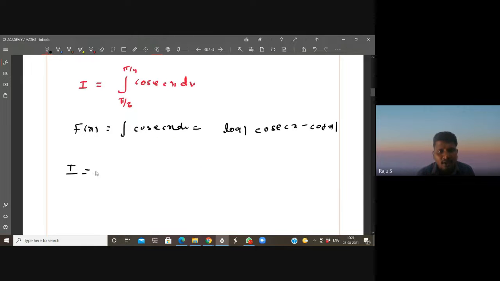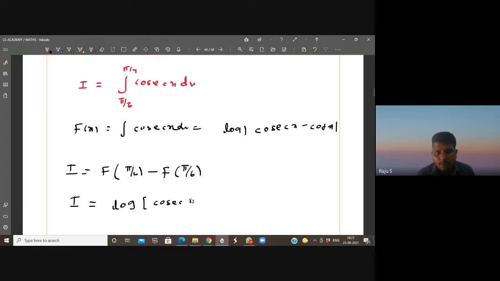What is I? F of upper limit pi by 4 minus f of lower limit pi by 6. I is equal to f of pi by 4, in place of x substitute 45. So log modulus cosecant of pi by 4 minus cot pi by 4, minus log mod cosecant of pi by 6 minus cot pi by 6.